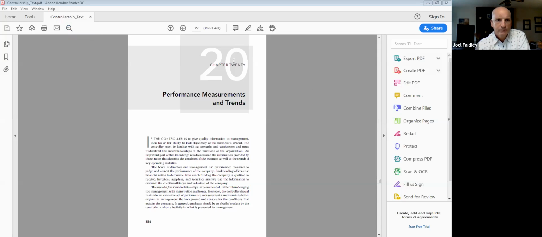Where's my large? I don't see, where is it? How to make this larger?